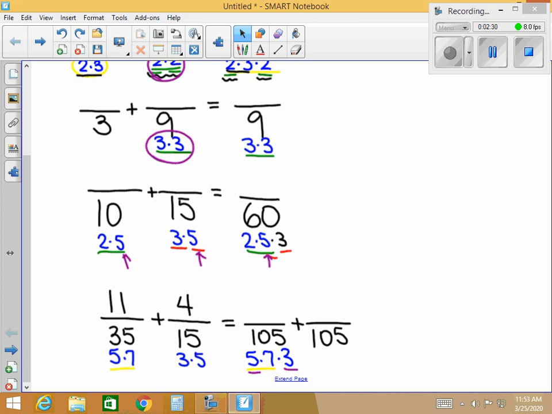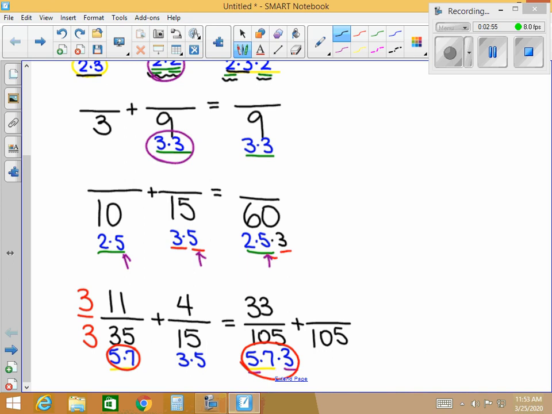So what we do is we compare this list here with this list here. If we look at the right, we have a 5, a 7, and a 3. If we look at what we started with, the number that shows up on the right side that was not there on the left side is a 3. So I put the 3 on the bottom and on the top, and I have 33 over 105.